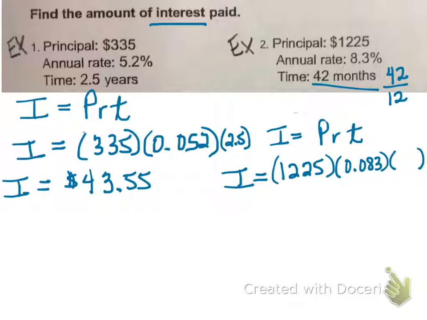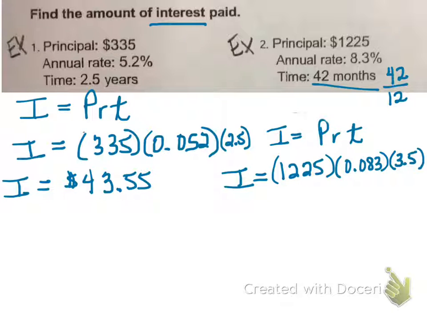All right, let me get my calculator out to do that. 42 divided by 12. That's going to give me 3.5 years. So 42 months is the same thing as 3.5 years.